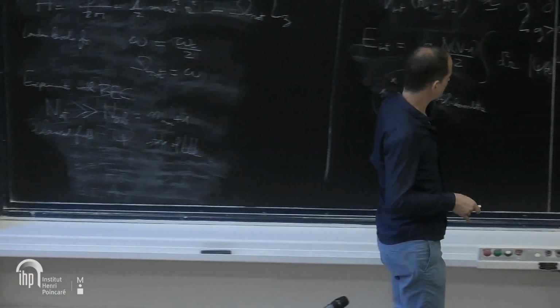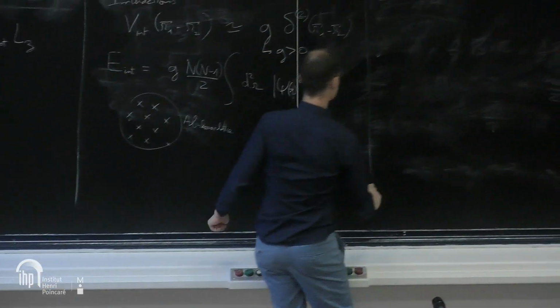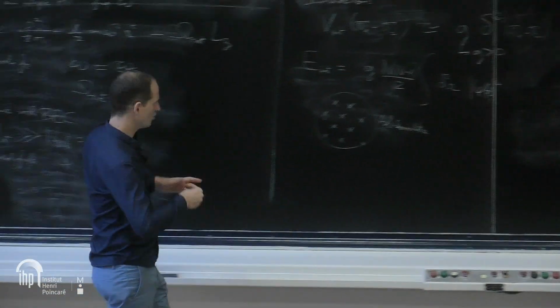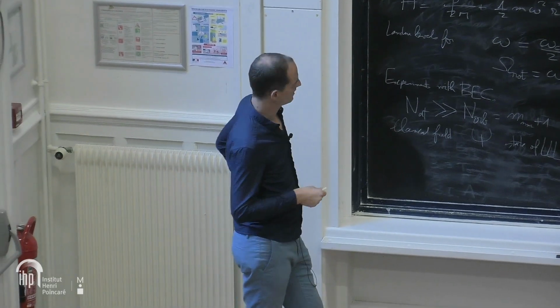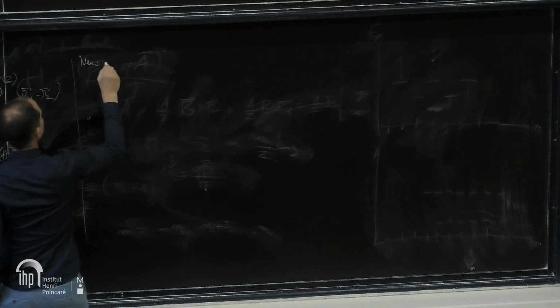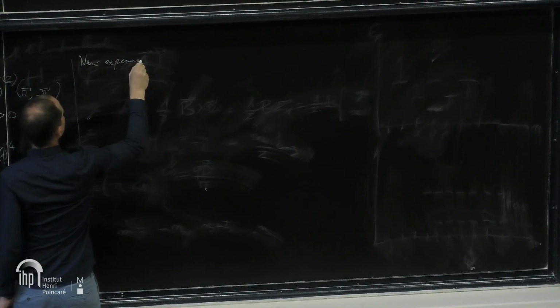So these are technical difficulties, but they were somehow overcome recently in beautiful new experiments in the group of Martin Zwierlein, where he could take advantage of modern tools in cold atoms, namely the ability to look at the gas in situ with high imaging resolution, and also the ability to make box potentials.